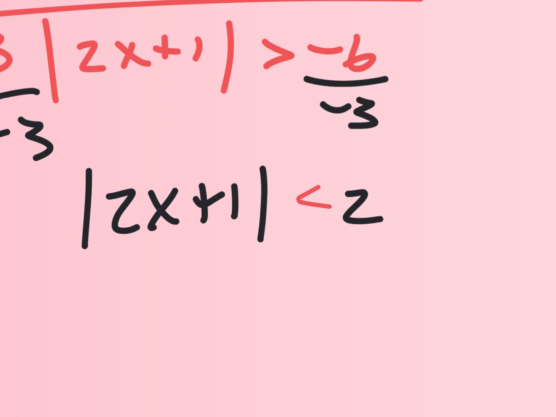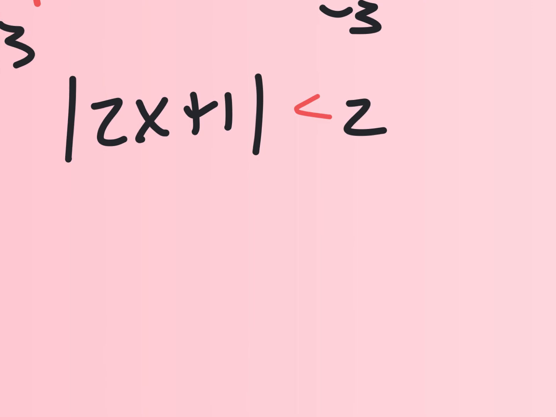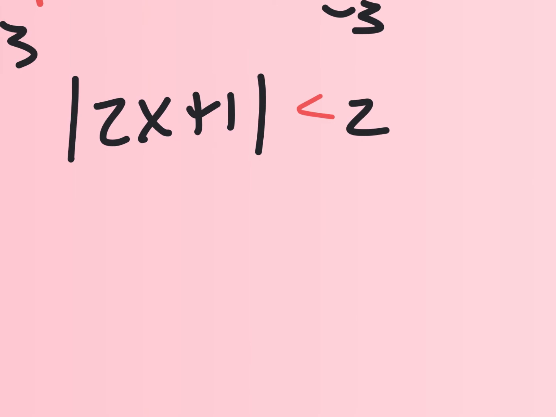Okay. Now, pay attention on this part because I actually teach this differently than some of my colleagues do. And I think it's better, but you have to decide for yourself. 2x plus 1, and they just say change it to an equals. And I think it's better to leave it as a less than 2.